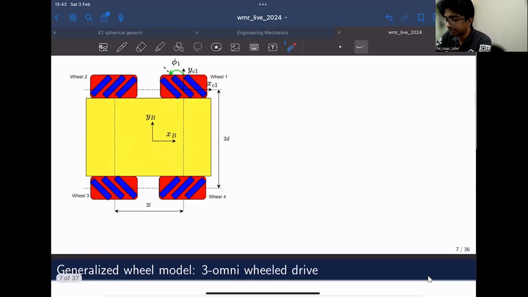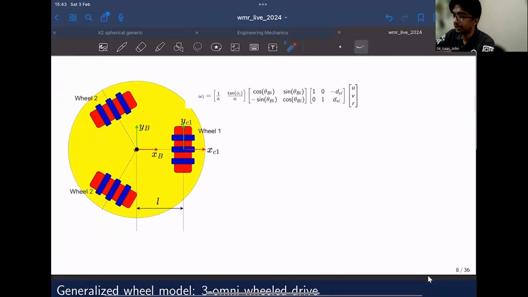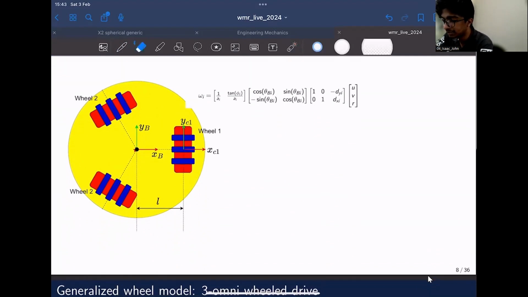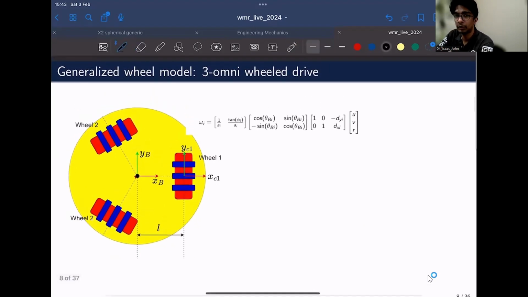And there is also one more wheel configuration that could be interesting as well. We call this an omnidirectional drive, the three-wheel omnidirectional drive. Unlike what we have seen, the wheels are all over the place. I'll again give you each of these parameters.